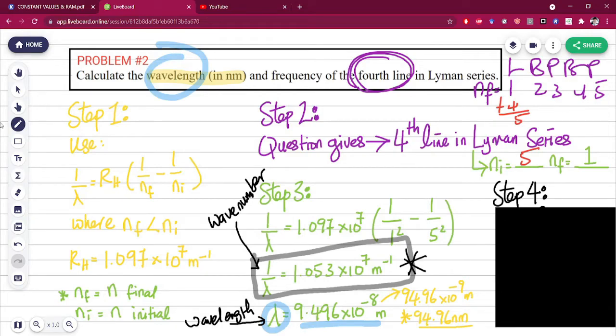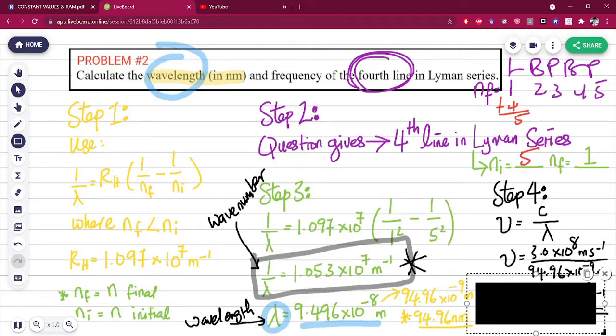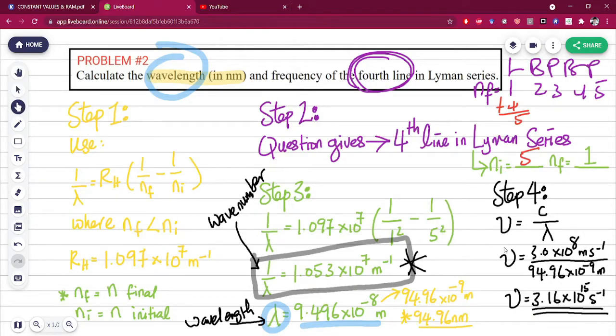Okay, now step 4. You can proceed to step 4 now to find frequency. What you need to do, you're going to use the same formula, and you're just going to put the speed of light, plug in your wavelength inside. So this is the wavelength you're going to use. You can use this one, you can use this one as well.